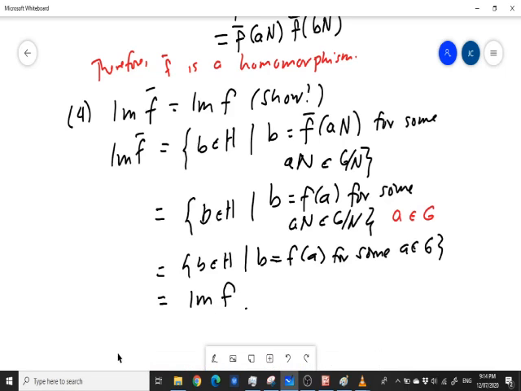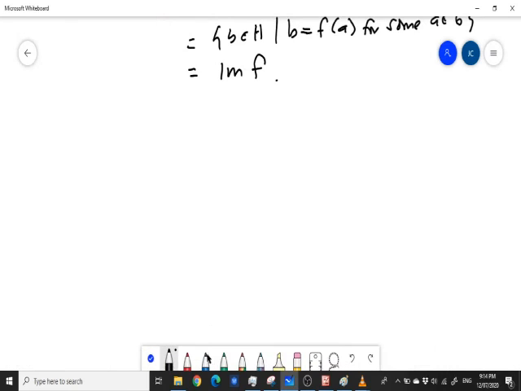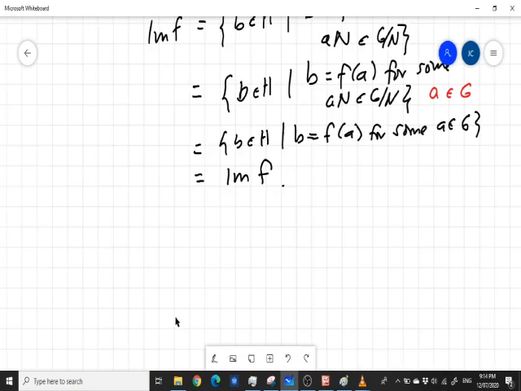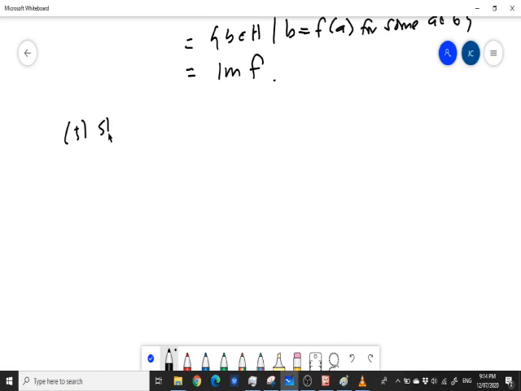So next, how about the kernels? Kernels. This is number 4 or 5? 5. Okay. So show the kernel of f bar is the kernel of f mod n.